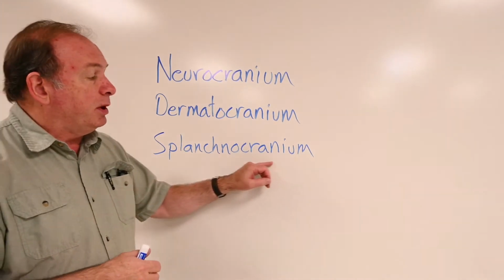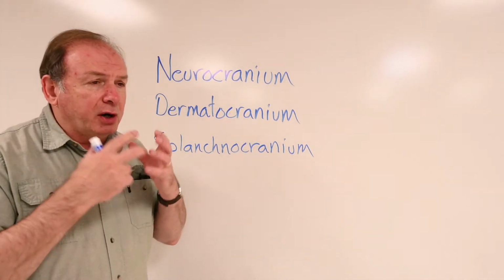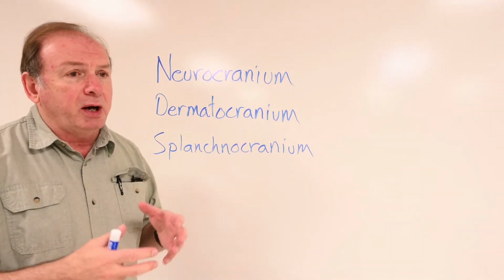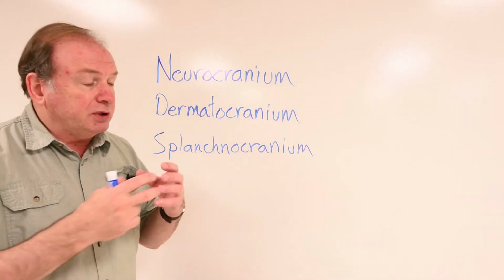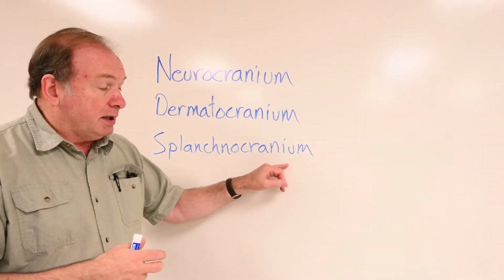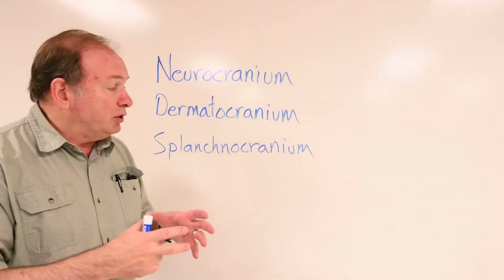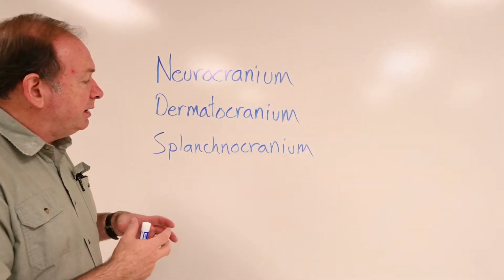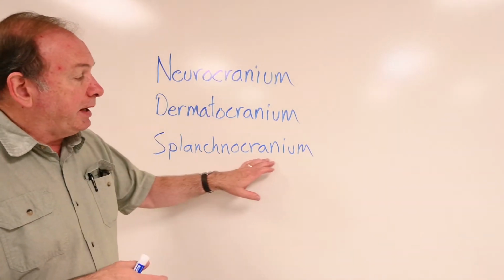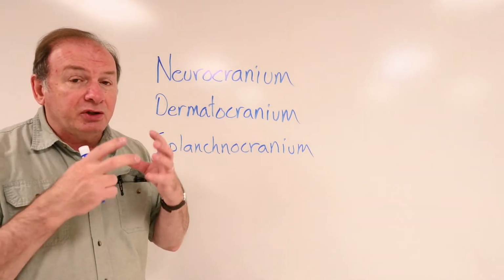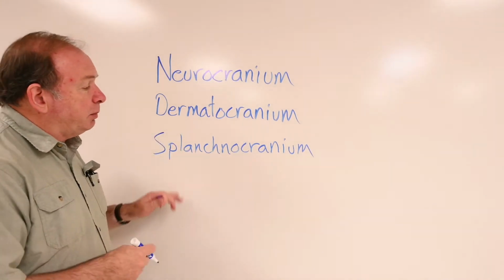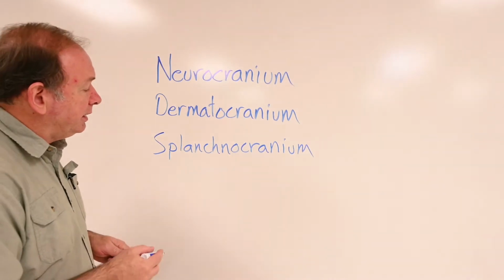The last group of bones, the splanchnocranium, starts out as supports for gill arches, and in the lamprey and the sharks, we see that there's quite an isolated and well-structured splanchnocranium separate from the neurocranium and the other bones of the skull. So this splanchnocranium is associated with gill arches and jaws. The jaws and gill arches are splanchnocranium in there.